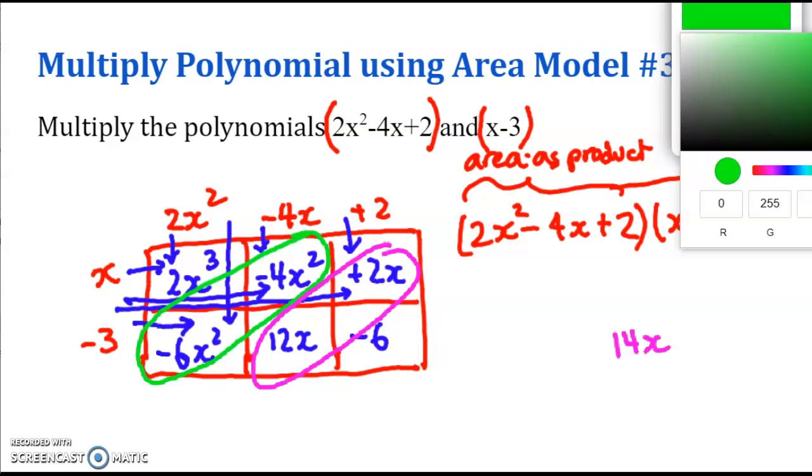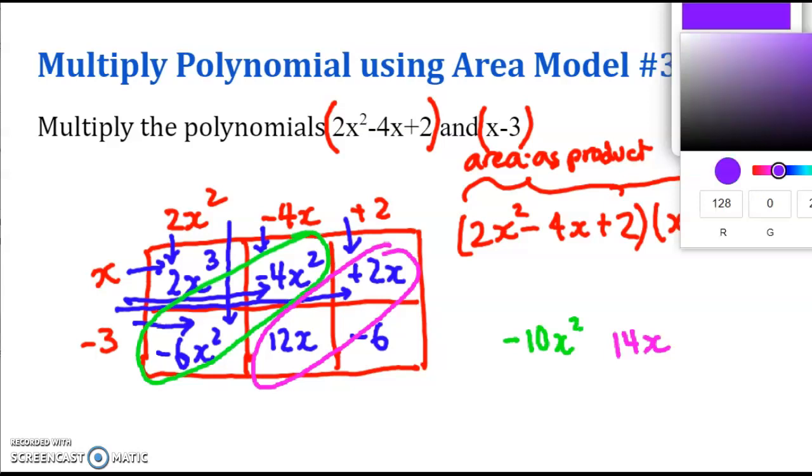And when I combine negative 4x squared, don't lose that negative sign, minus 6x squared, negative 4 plus negative 6, we're adding two numbers with the same sign, so we add 4 and 6, but the final result is going to be a negative number, so that becomes negative 10x squared.